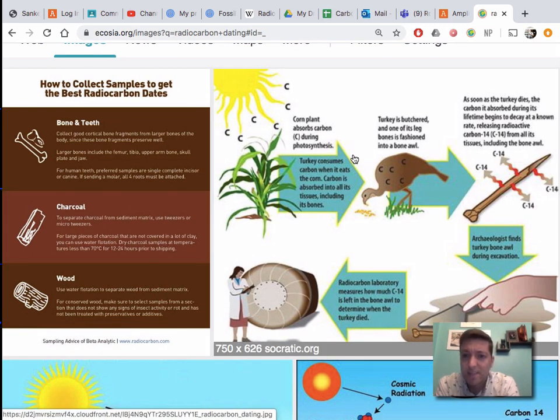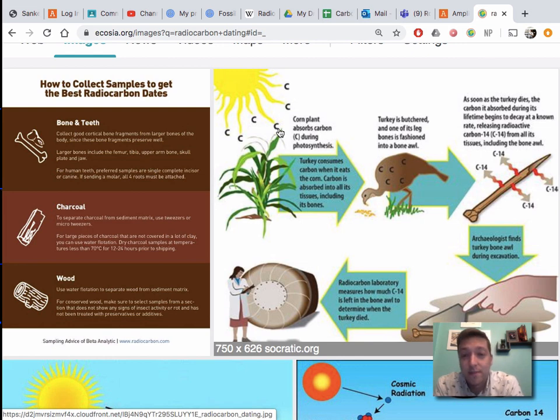Let's start with how carbon decay actually works. During photosynthesis, plants absorb carbon dioxide from the atmosphere. Because of the ultraviolet light of the sun, there's a specific form of carbon in the atmosphere called carbon 14.